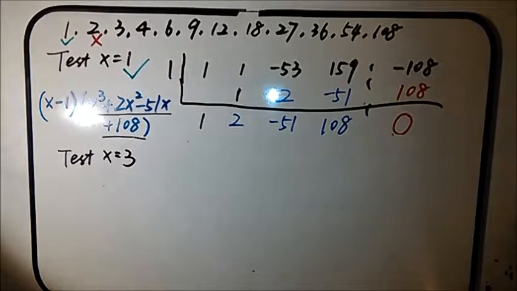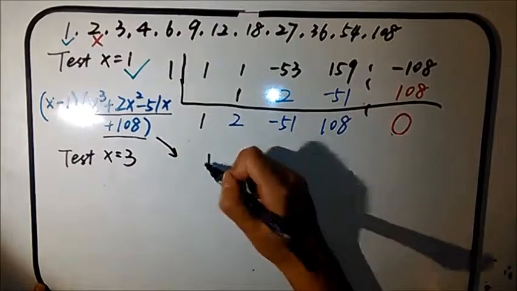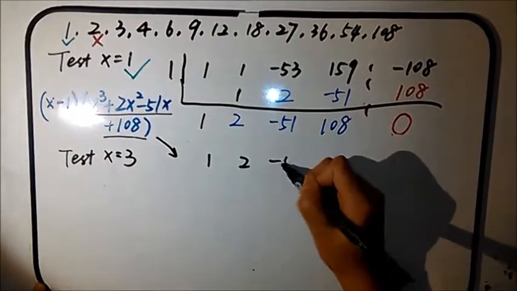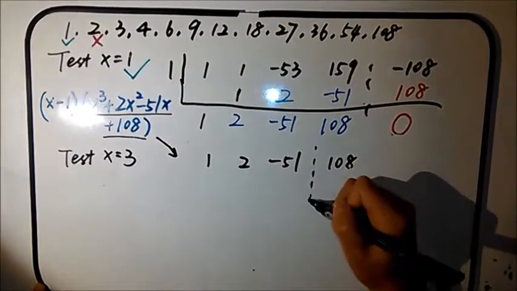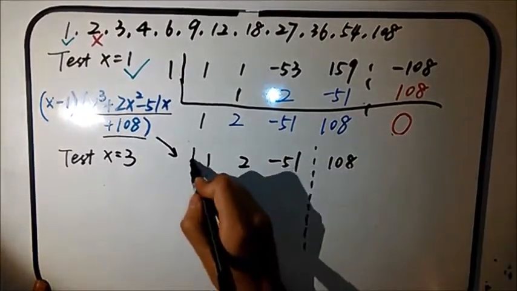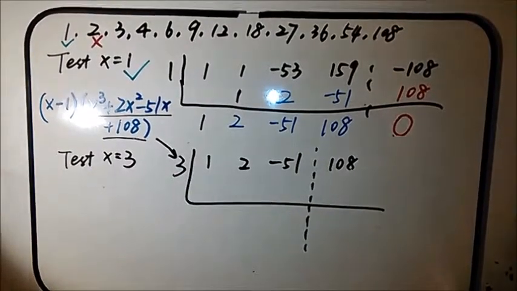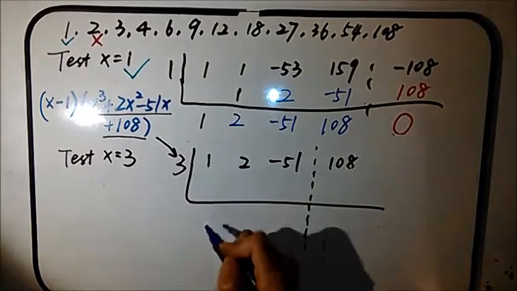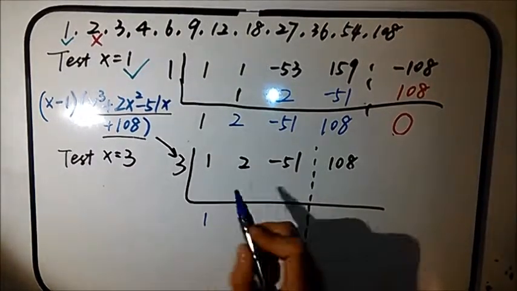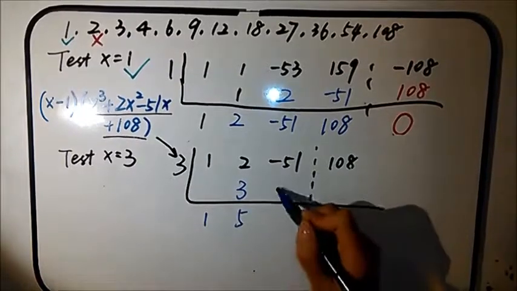Same thing. We have 1, 2, negative 51, 108. Okay, an L-shaped thingy, divided by 3. Bring down our first number, which is 1. 1 times 3 is 3. 2 plus 3 is 5. 5 times 3 is 15.